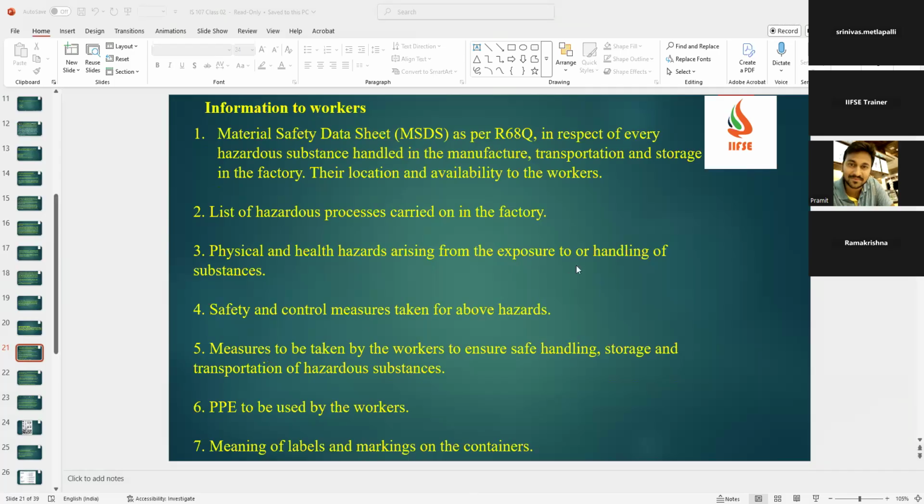They have two, three packets of gutka or pan or tambak, and that is the medicine for them. So it is the basic responsibility of an employer. You have to inform them, or make them aware, of what hazards are associated with the chemicals which they are handling. Okay, that is also important.